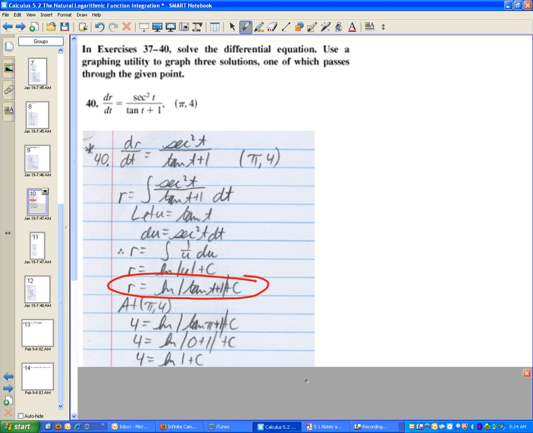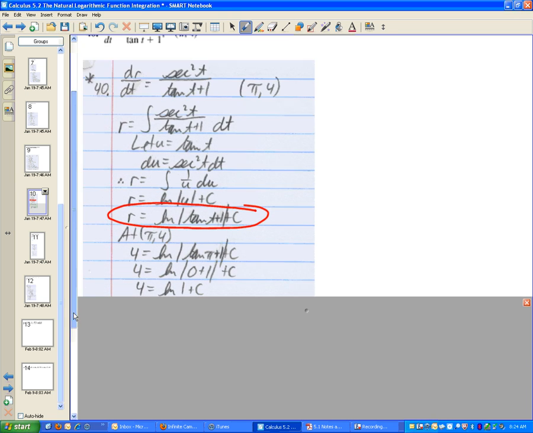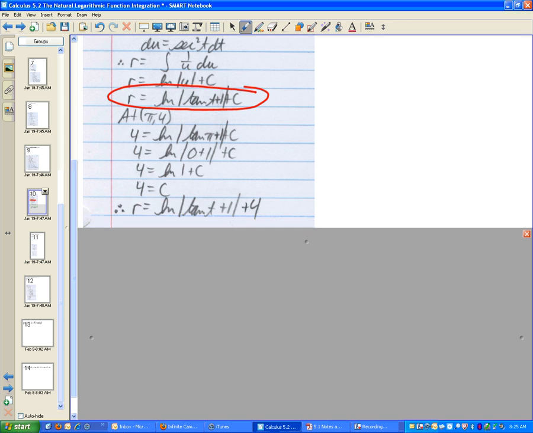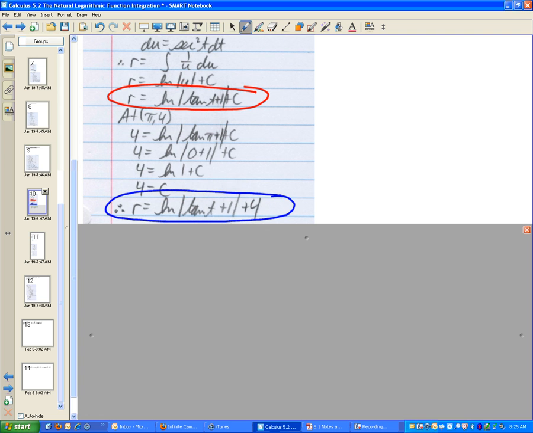And what does the natural log of 1 equal? 0. All right, now that we know what c equals, there's our particular solution. So r equals the natural log of the absolute value of the tangent of t plus 1, plus 4.